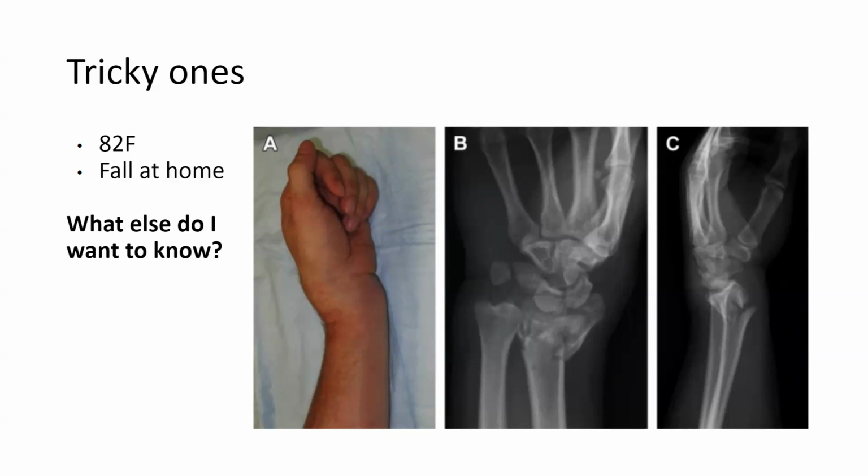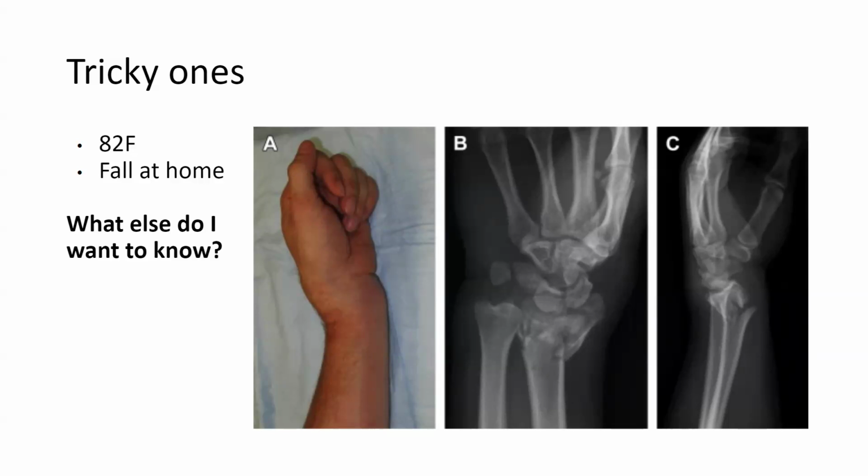What else do I want to know? So let's say it's neurovascularly intact, and I've now reduced it and taken care of their pain. What's the next thing? Can anybody else come up with any other bits of information that I need to get from their history? Imagine it's a real patient in front of you in the emergency department.